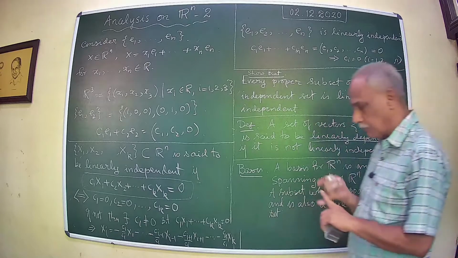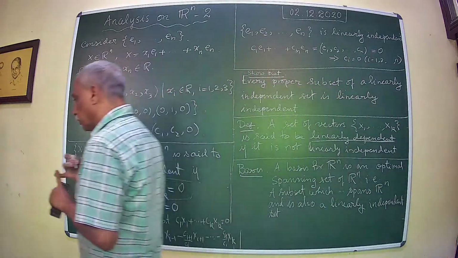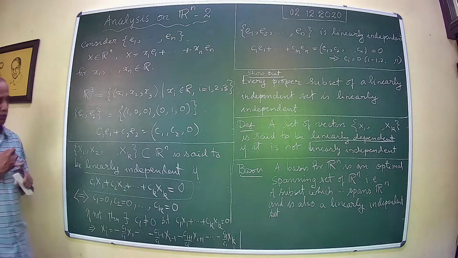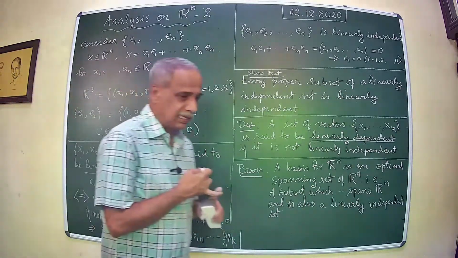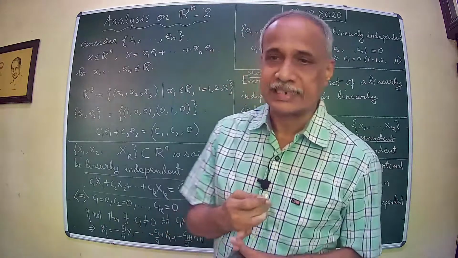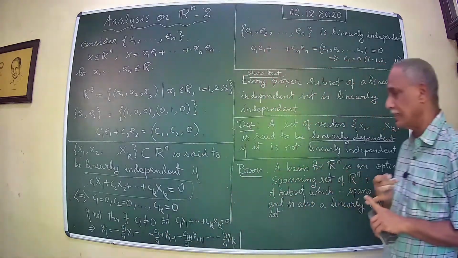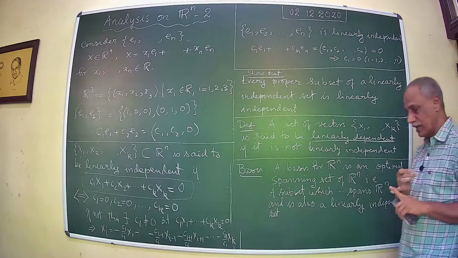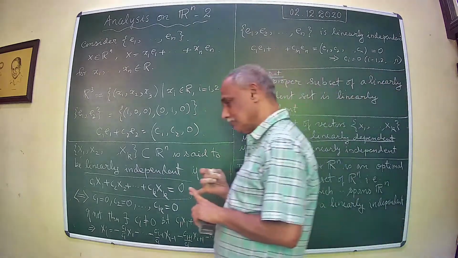So we have seen the following. Every superset of a spanning set is a spanning set. Every subset of a linearly independent set is linearly independent. Okay? Right?